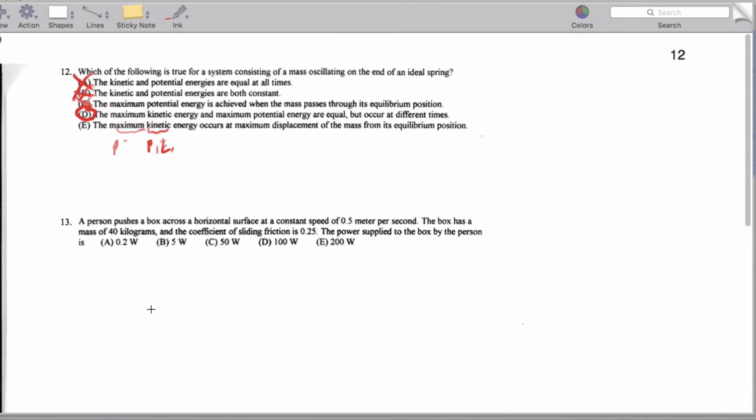A person pushes a box at a constant speed of 0.5 meters per second. The box has a mass of 40 kilograms with a coefficient of sliding friction of 0.25. What is the power supplied to the box by the person? So F times v equals power. In this case, the net force on the box is 0, so the force of the pushing minus friction equals 0.